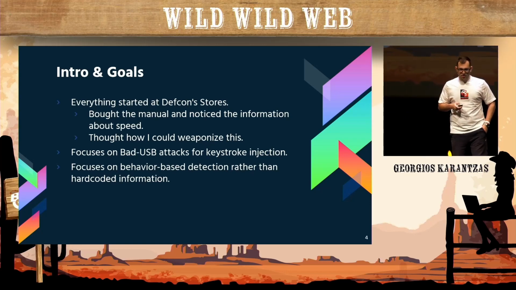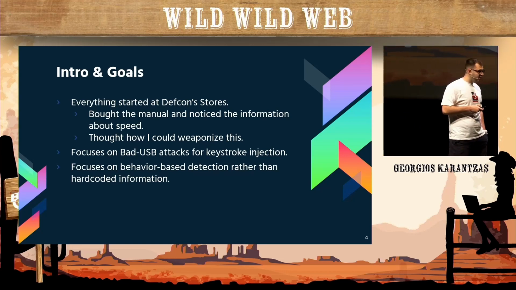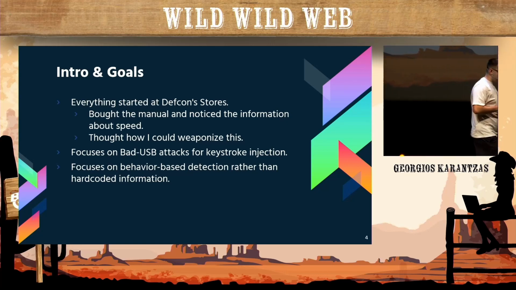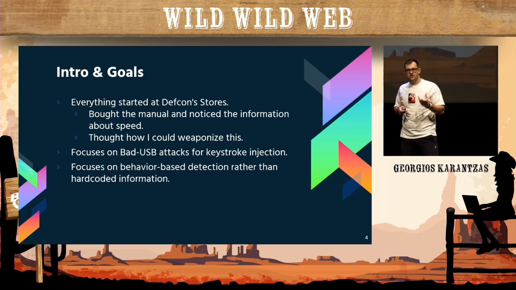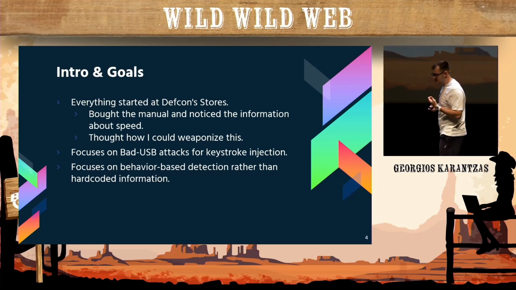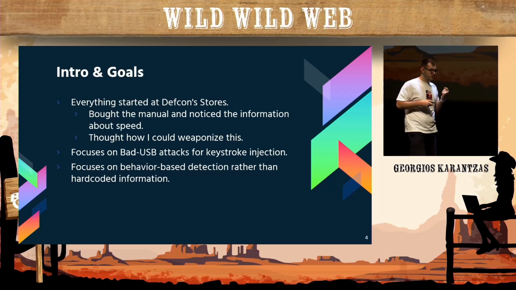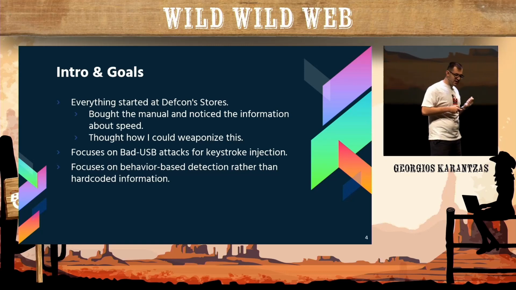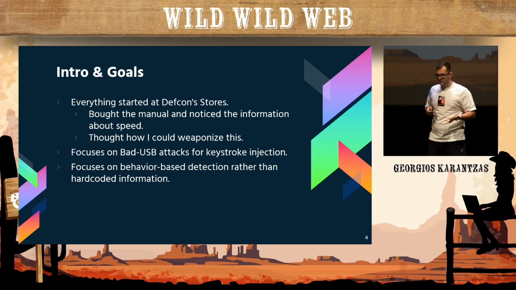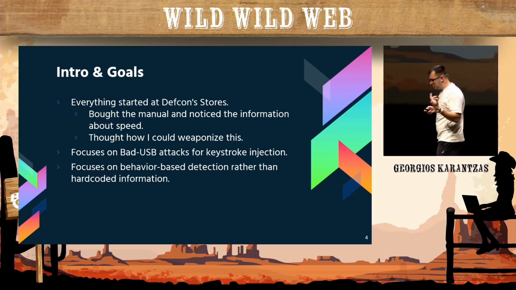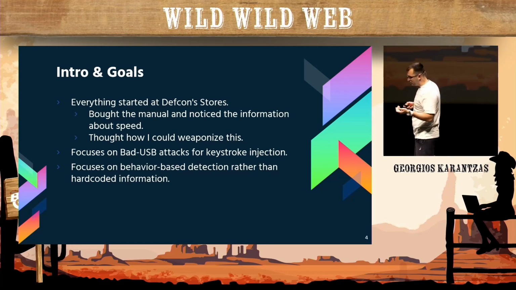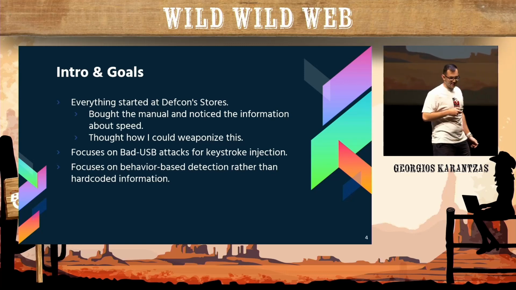It was a very interesting read because they explain how the Rubber Ducky works, and that it started as a way to automate boring sysadmin stuff. What caught my interest was the speed. They were explaining that the Rubber Ducky is designed to work at fast speeds. It's a fast typer. So I thought, isn't that kind of abnormal? Like, how fast would a human type?